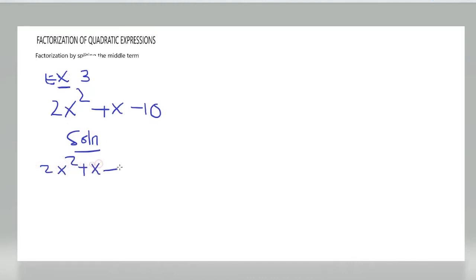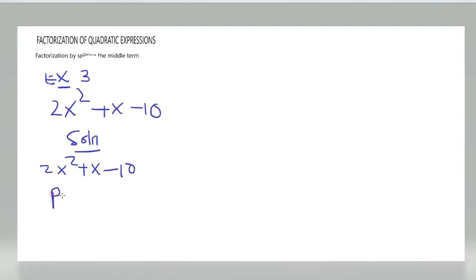Now, if you are given 2x squared plus x minus 10, factorize by splitting the middle term. Now solution. Follow the same procedures. Now 2x squared plus x minus 10.